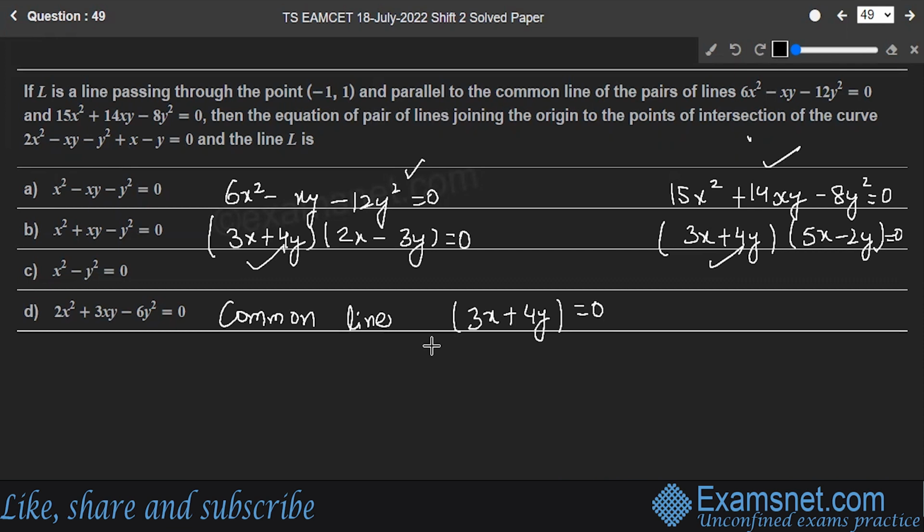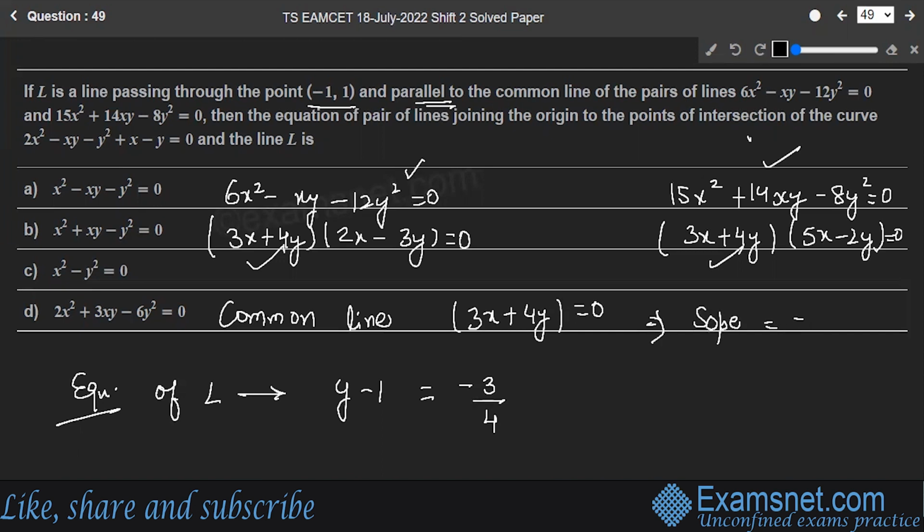Now it's saying, equation of L is given by, see the point is minus 1 comma 1, so the equation will be y minus 1 upon x plus 1 equal to minus 3 upon 4, because it is parallel to this common line. So what is the slope from here? Slope will be given by minus 3 by 4. I hope you get how you get the slope?